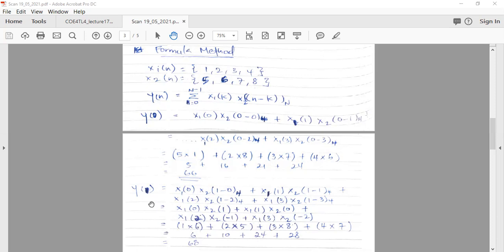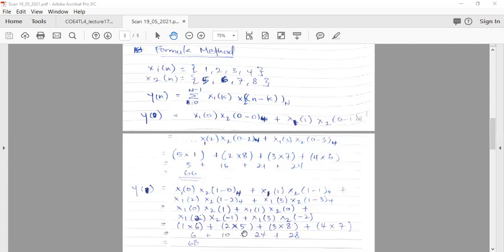Again, you can see for y1, it reduces down to x1 of 0 is 1, x2 of 1, right? x2 of 1 from this particular series is 6, right? 1 times 6 plus x1 of 1 times x2 of 0, isn't it? So x1 of 1 is 2, x2 of 0 is 5.